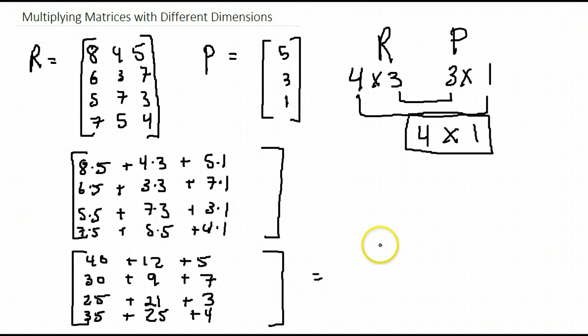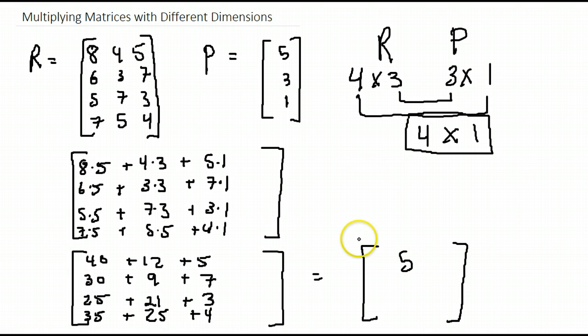And the final step is to find the sums of all these. So remember, our matrix is a 4 by 1: 4 rows, 1 column. So 40 plus 12 plus 5 gives us 57. So the first row is 57.